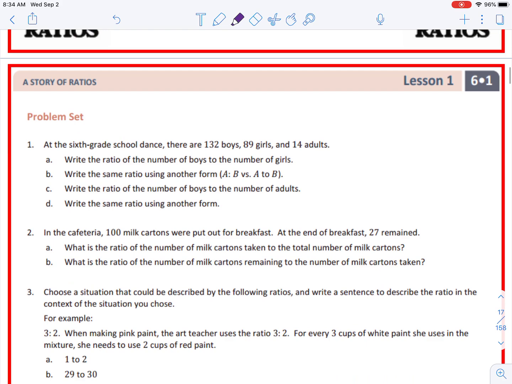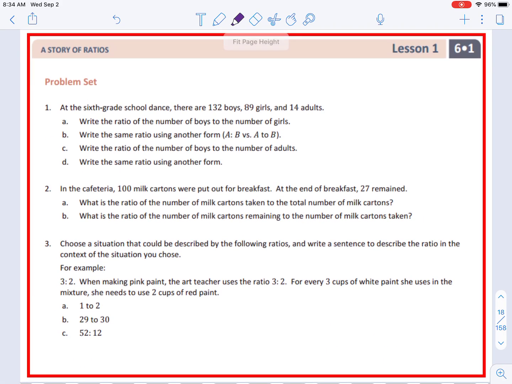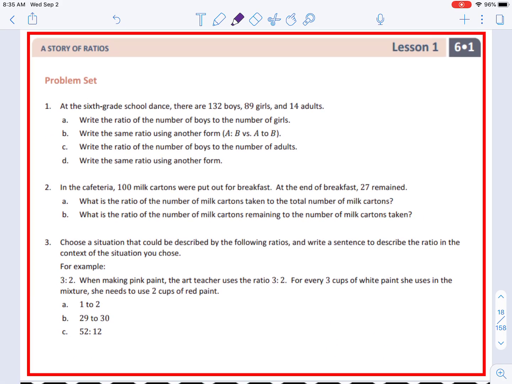Okay? So I'm going to attach this problem set to you guys on Google Classroom. And I just want to discuss it a little bit. So letter 1 has 4 parts. I don't want you to just circle this like it's a multiple choice, because it's not. You need to read the data at the top. At the 6th grade school dance, there are 132 boys, 89 girls, and 14 adults.